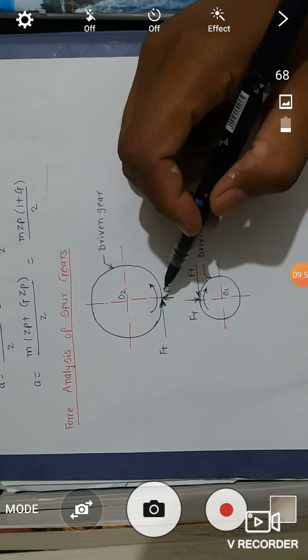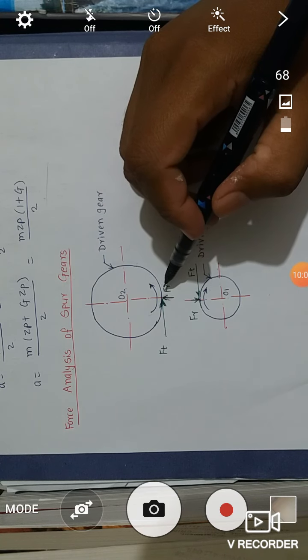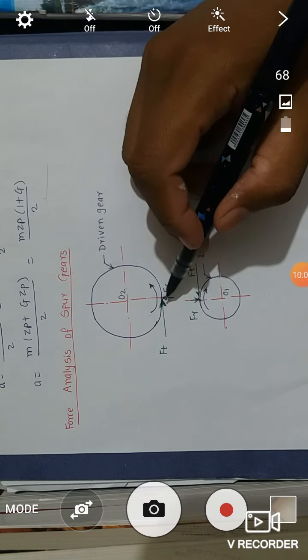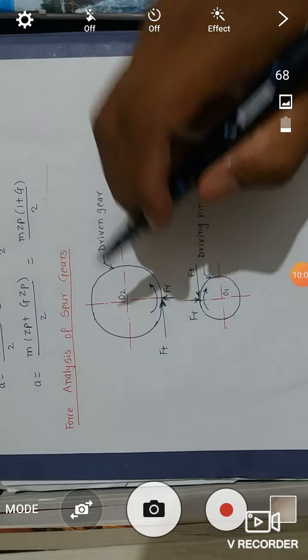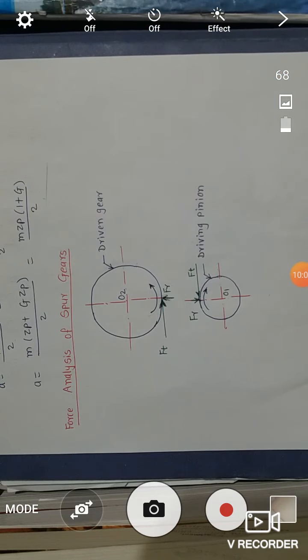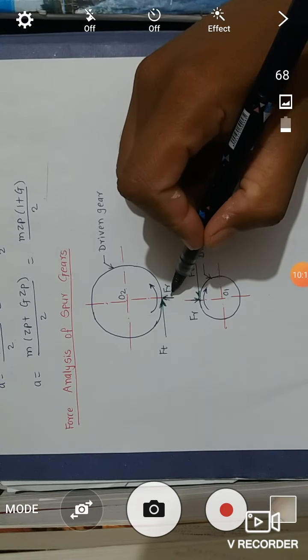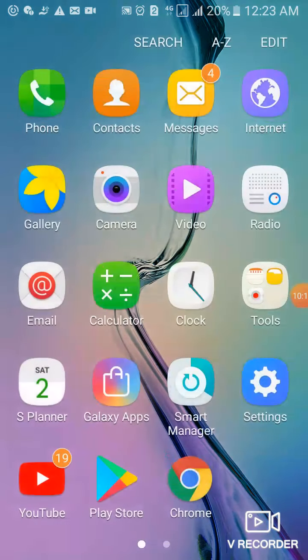The important force which transmits the rotation or torque is the tangential force. So the important force in spur gear is tangential force. If we observe the radial force direction, this radial force acts towards the center of the respective gear.